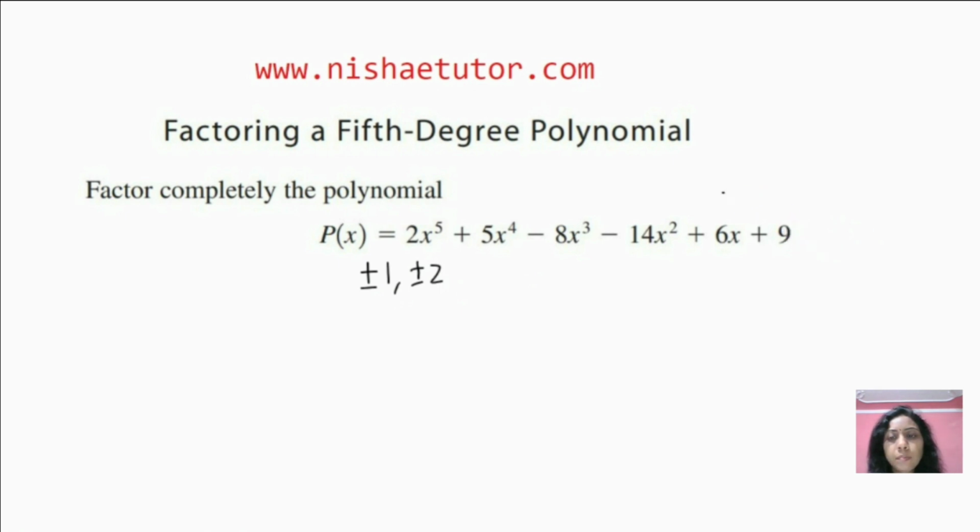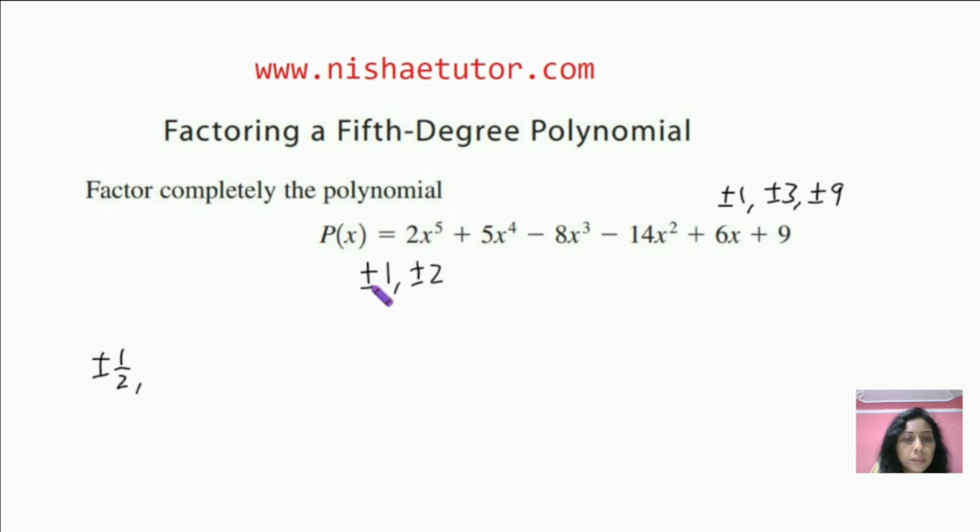Factors of 9 are plus minus 1, plus minus 3 and plus minus 9. Possibilities are this one divided by this. So plus minus 1 divided by plus minus 2 is plus minus 1 upon 2.